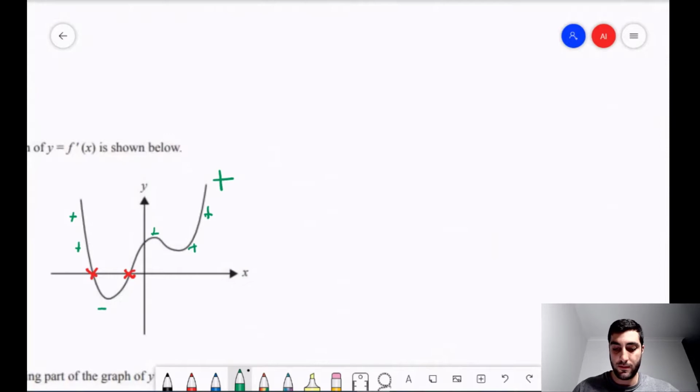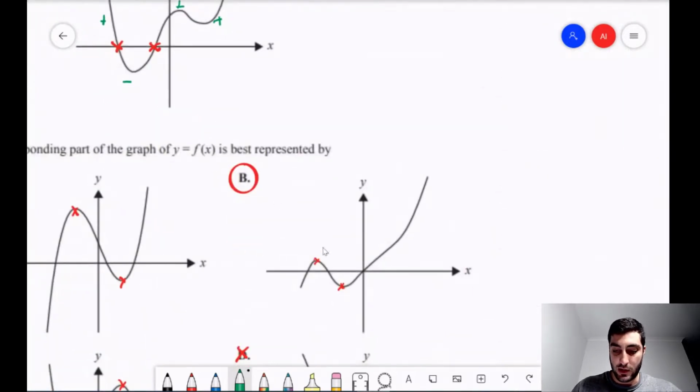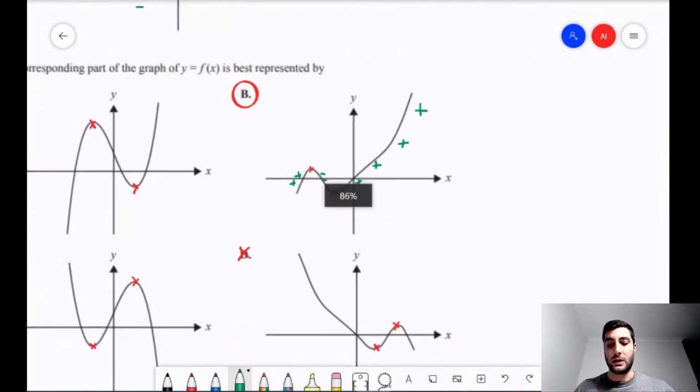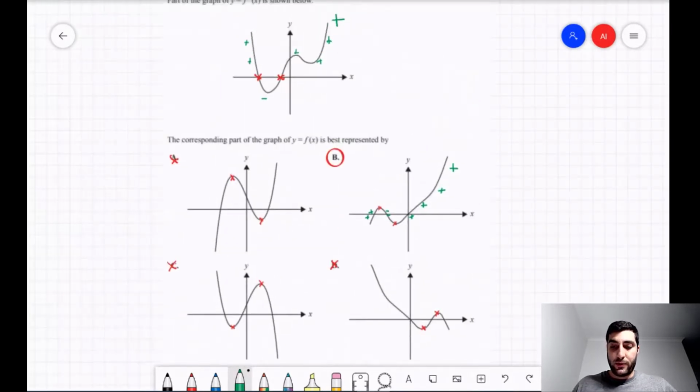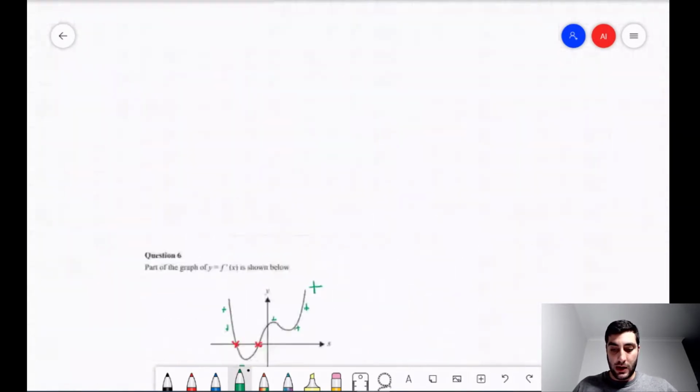That's all positive. So now if we look at this function here, between the 2 stationary points, we've got negative gradient, and everywhere else is positive. So that lines up as well. So that's another way we can double check it. So not too difficult if you know what to look out for.